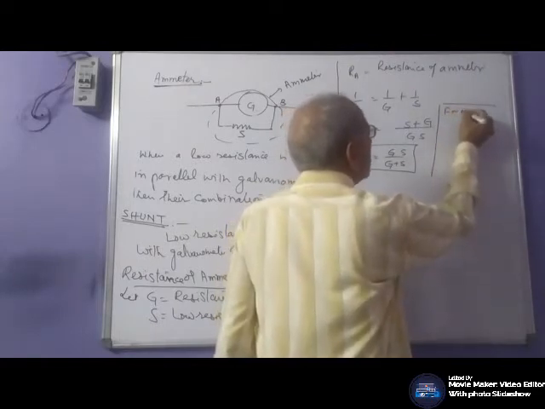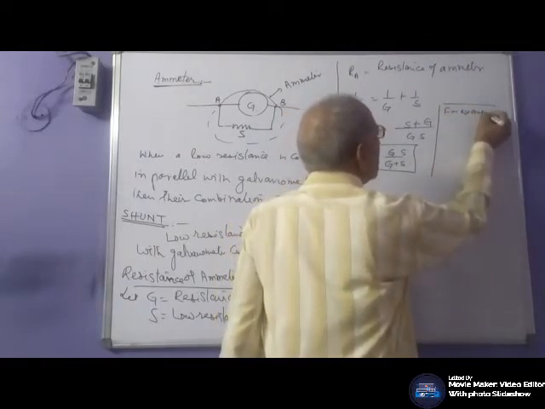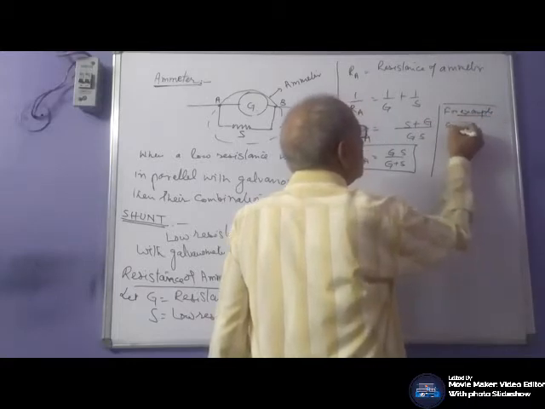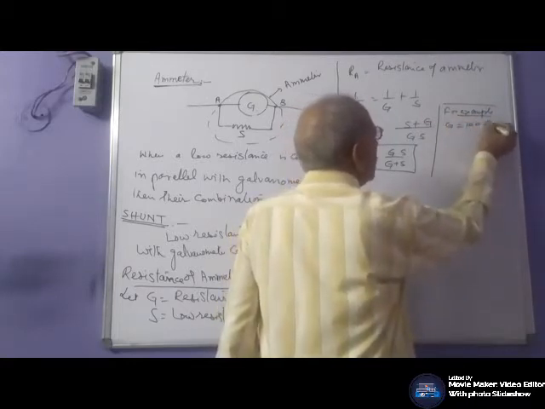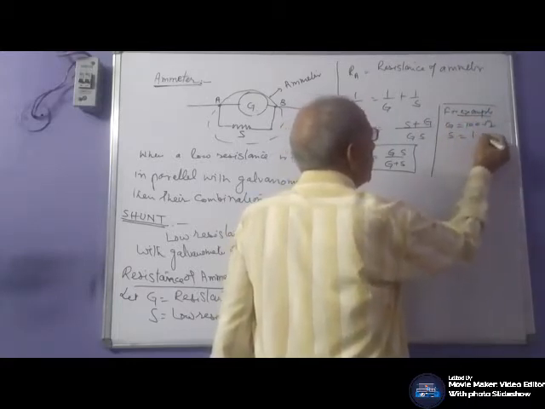For example, G is 100 ohm, shunt is 1 ohm.